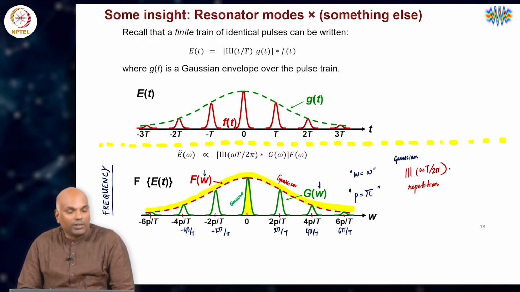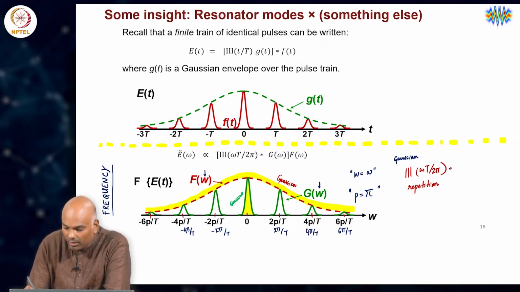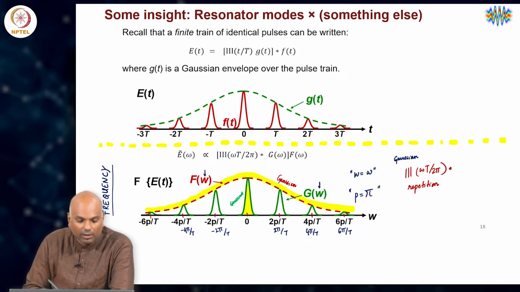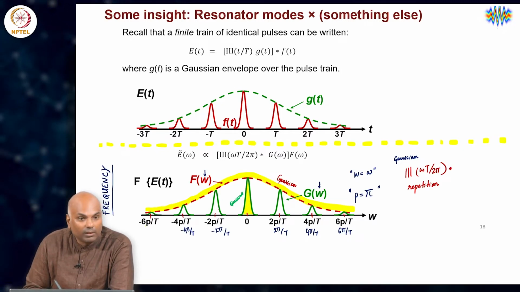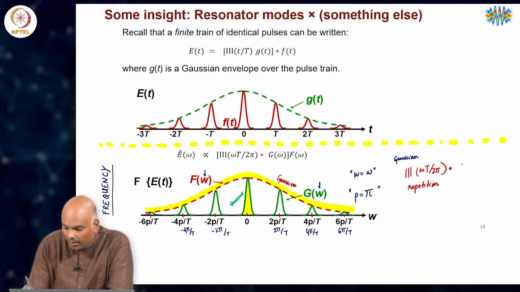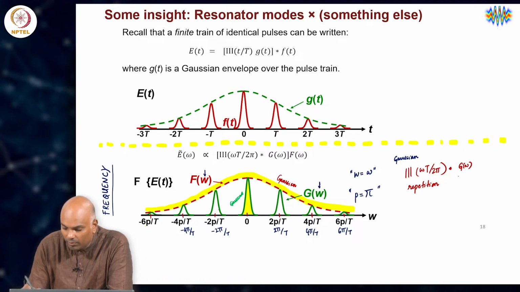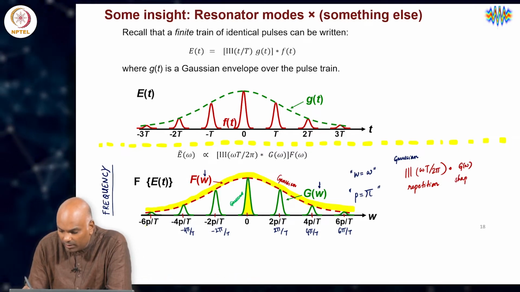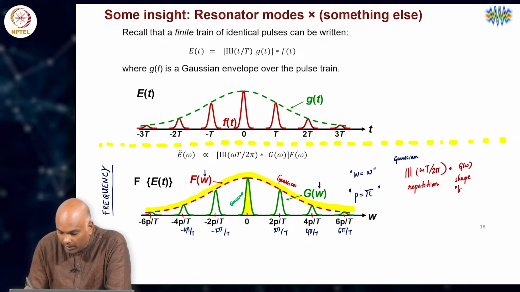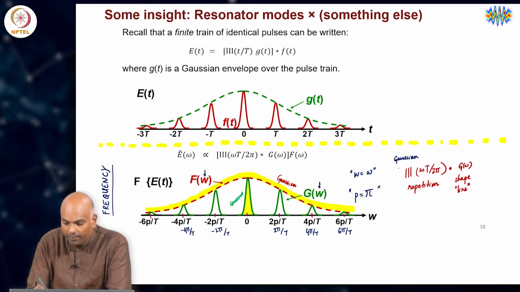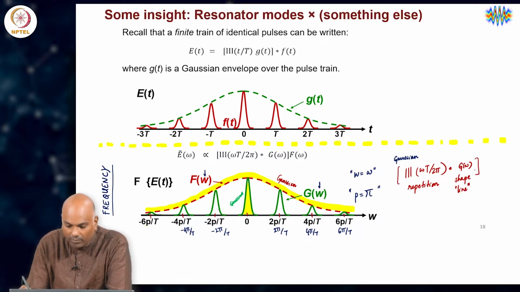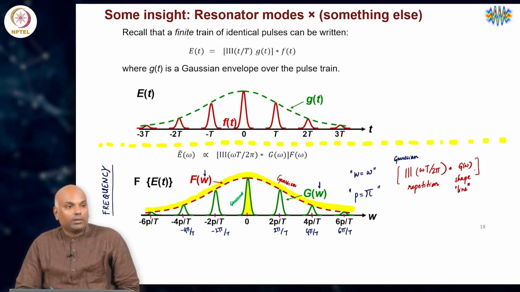Okay. So, this function takes care of the periodicity. Now, this is multiplied with another function g of omega, which is the shape of each peak or each line, right.